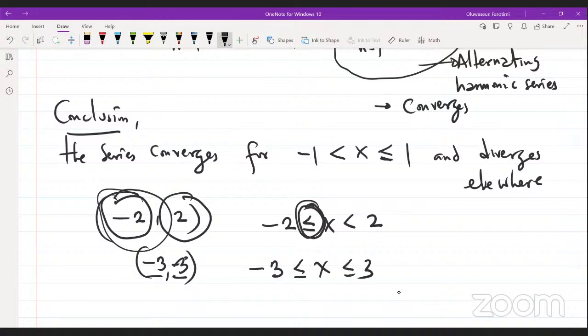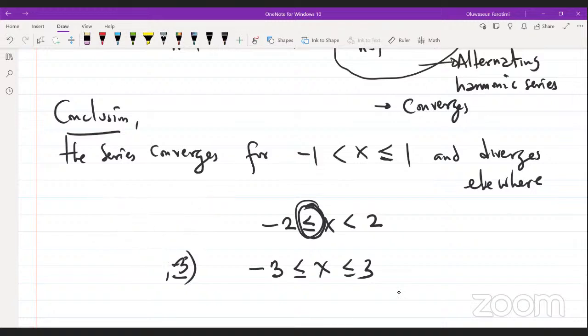If you do a homework or a test and I see this guy, I know what it means. It means that the series converges in this right-hand corner, and that in this other side, the series is divergent. So remember, when you work with power series, you got to do a thorough job.